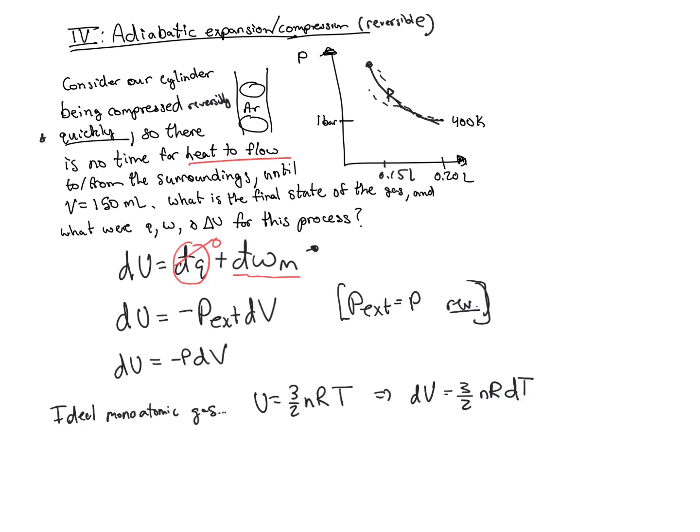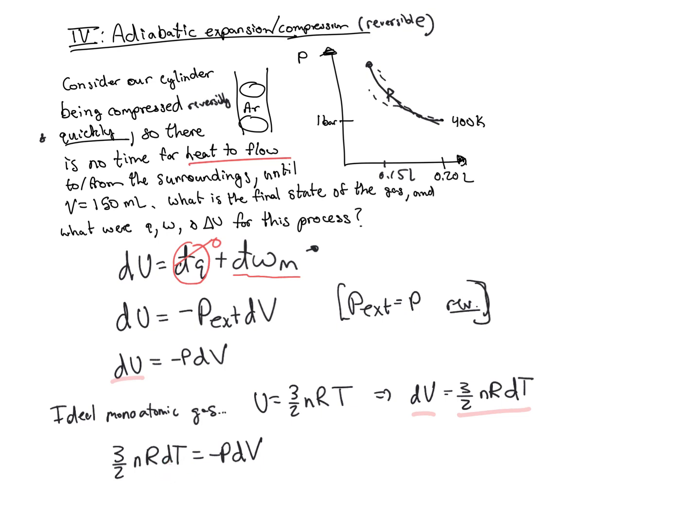From this now, we can plug that in. So now we have this expression for dU. If we plug that in here, now we have 3/2 nR dT is equal to negative P dV. Okay, what was the point of doing this?